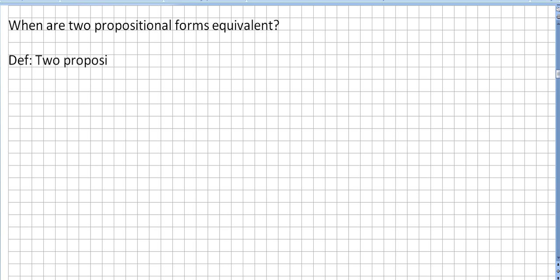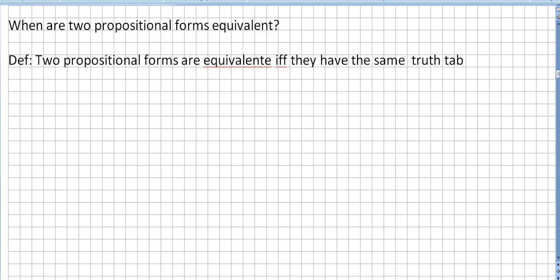Two propositional forms are equivalent if and only if they have the same truth tables. Okay.